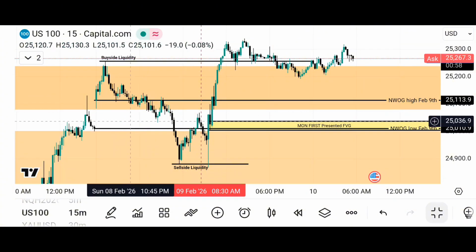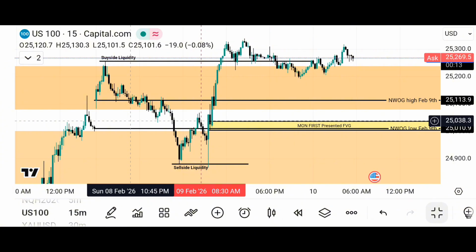And also you have new day opening gap. So each day, the market closes at 4:59 p.m. and reopens at 6 p.m. For US 100, it reopens I think at 5. And during that time window, there's an absence of trading. So for each day, there's also a new day open gap.